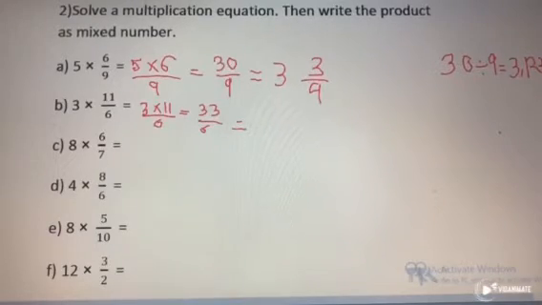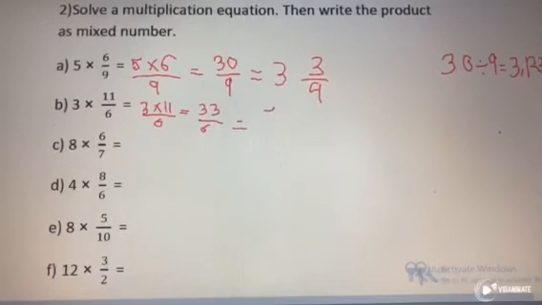Which number do I multiply by 6, the answer will be 33 or less than 33. It will be 5. 5 multiply 6 equals 30. And then we have remainder 3. The answer will be 5, written as a whole, and the remainder 3 will be 3 over 6.